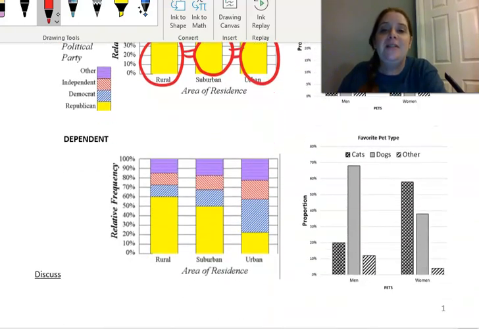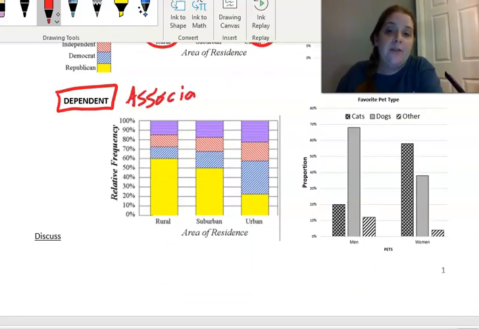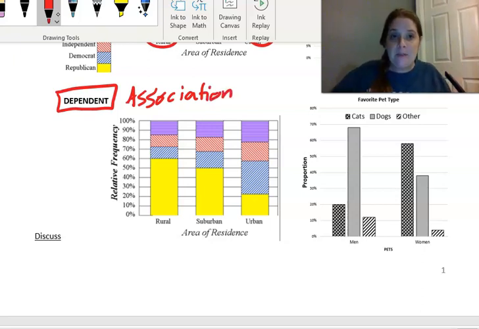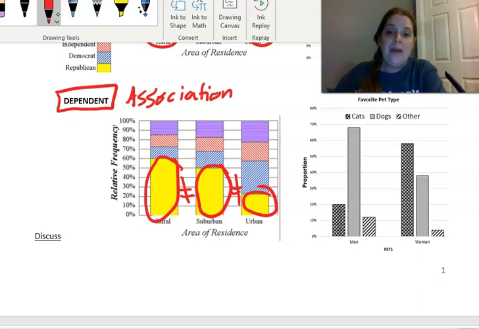If the variables are dependent, or associated, sometimes we use that word associated, okay, if we've got some association or it seems to be related in some way, then what you're going to see by inspection is a different distribution of variables. So the percentage of Republicans or Democrats or Independents, it just takes basically one category to mess this up, is not the same as you look across.